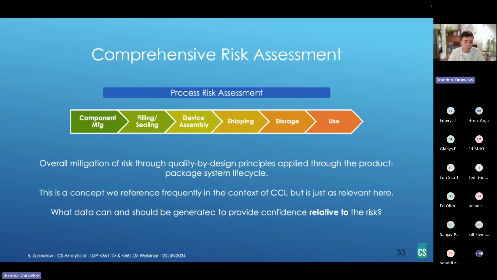These chapters have been delayed for quite a while now. We're coming up on 10 years since they were first put out there as official in 2016, and they've changed over time. I have two comments on that. One, I am not aware of any organization that has filed with updated tests under 661.1 and .2 that have been rejected as a result of some of these changes.